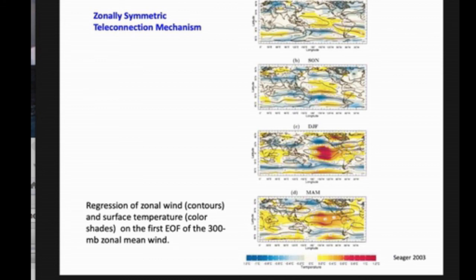So I will give you a little bit of evidence on the connecting mechanisms. First is the zonally symmetric teleconnection mechanism.